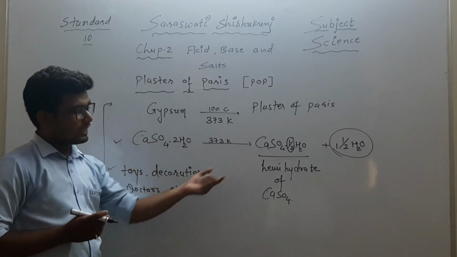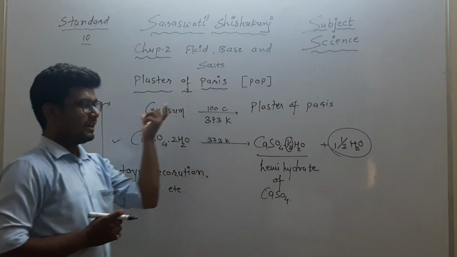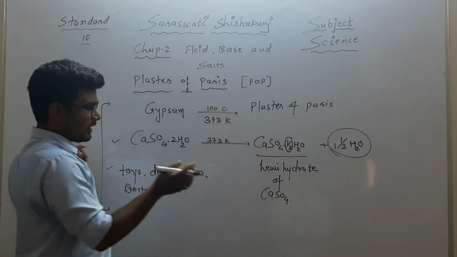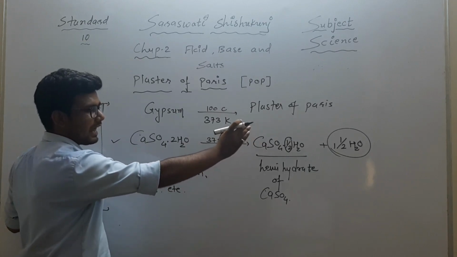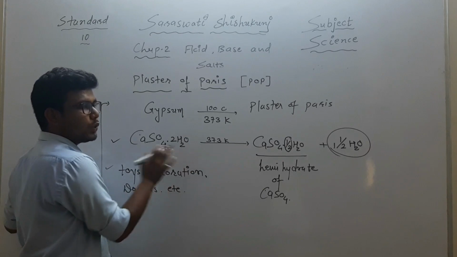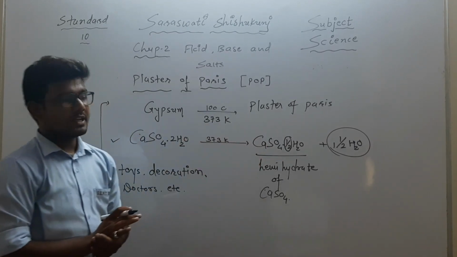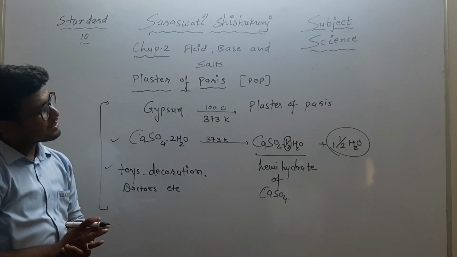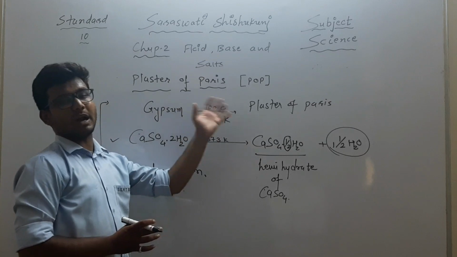In our textbook the reaction is like this. Whatever I have written as a product, it is a reactant there. In the textbook it is written CaSO4 into half H2O plus 1.5 H2O will give us CaSO4 into 2H2O. So according to the textbook it will be opposite, but here it is asked for preparation of hemihydrate, so I have prepared it from gypsum.